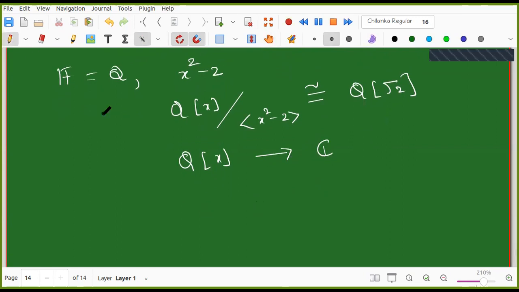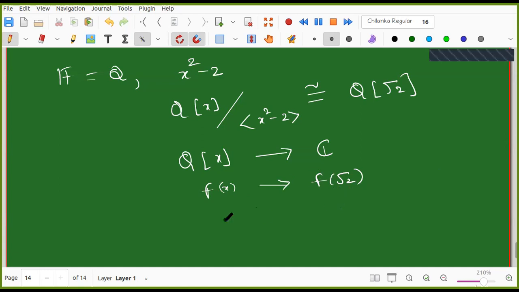So I will map f(x) to f(root 2). Again, you can check that this map is a homomorphism and all. And then again, onto also we can prove. Onto, not onto, so be careful.